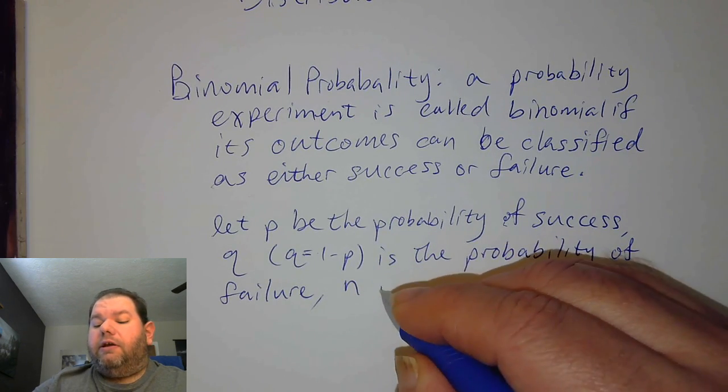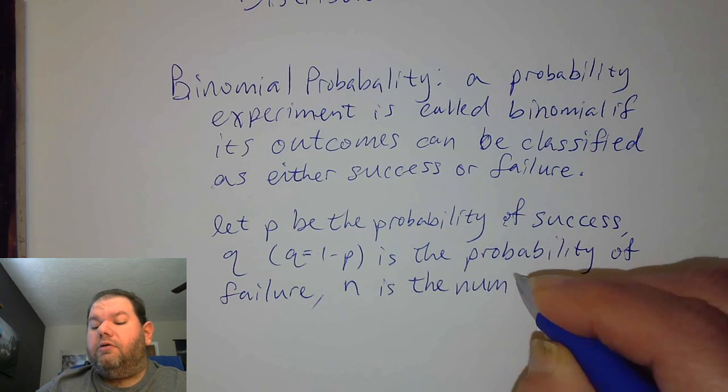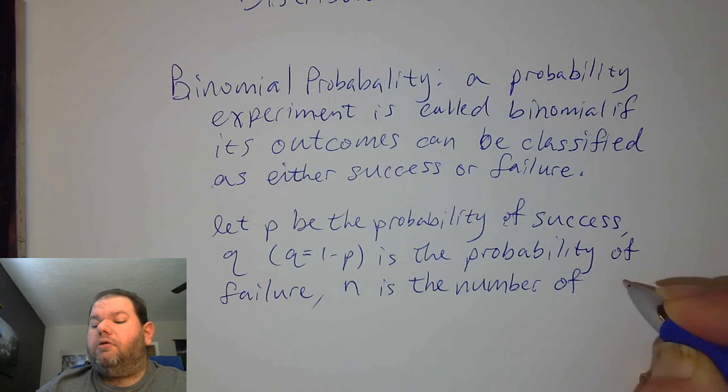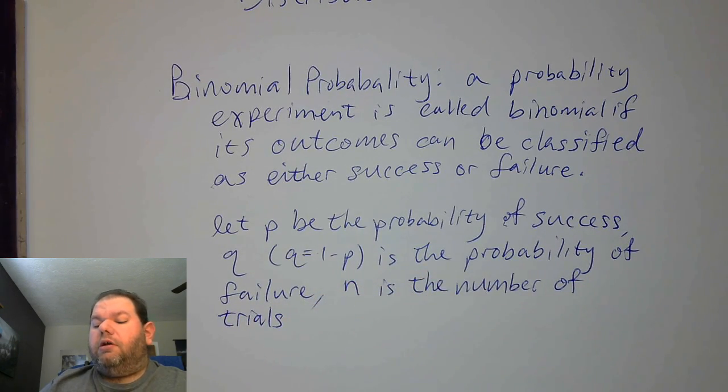N is the number of trials. Now, when we say trials, this is the number of times the probability experiment is repeated.